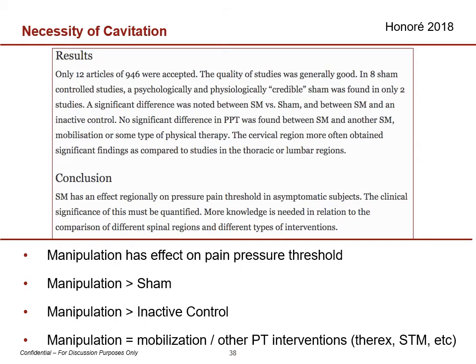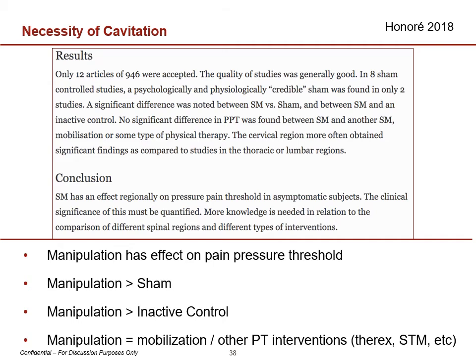They also found that manipulations had better outcomes than an inactive control, so they did nothing. But, unfortunately, related to the previous studies we just looked at, they didn't see a significant difference between manipulation versus mobilization, meaning grade 4 or lower, and other PT interventions, therex, soft tissue mobilization, stretching, etc.